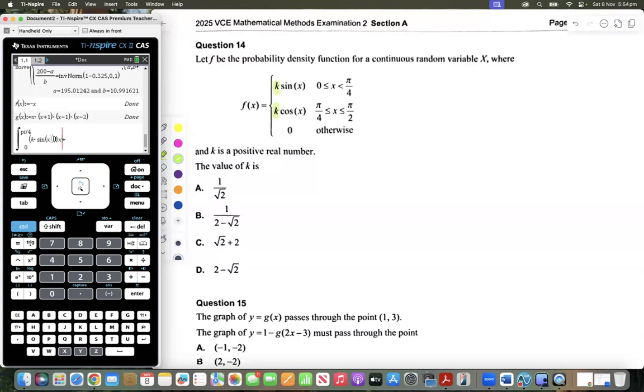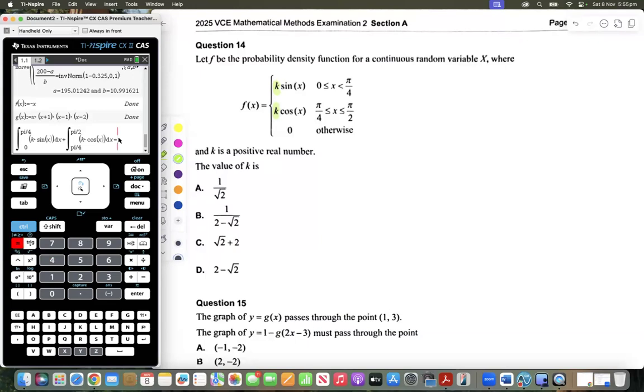my second function. It goes from pi on 4 to pi on 2, right? So that function is k times cosine x, right?